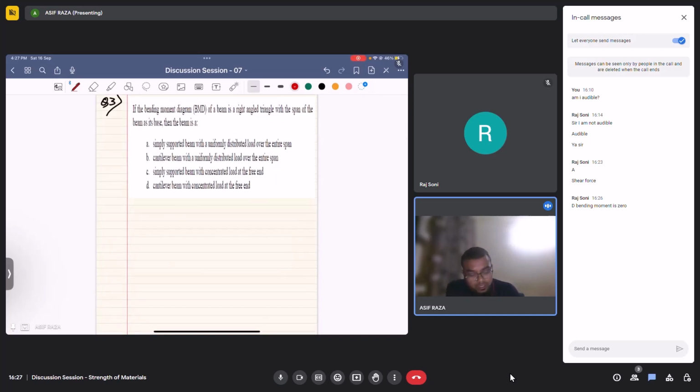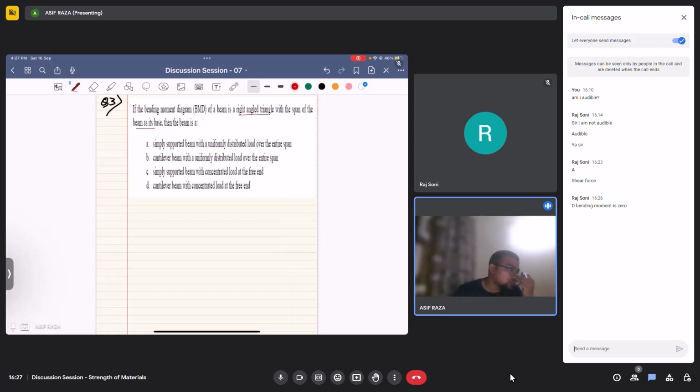If the bending moment diagram BMD of a beam is a right angle triangle with the span of the beam as its base, then the beam is, and options are: A, simply supported beam with a uniformly distributed load over the entire span; option B, a cantilever beam with a uniformly distributed load over the entire span; option C, simply supported beam with concentrated load at the free end; and option D, cantilever beam with concentrated load at the free end.